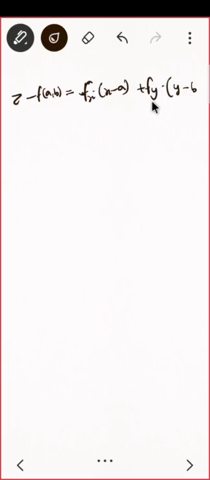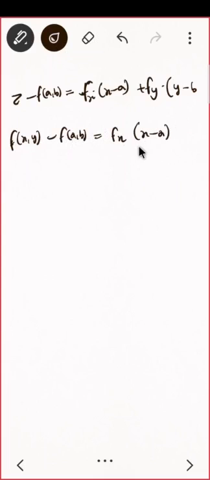Correct? So if you solve it a little bit, what is your z? Z is your function. This is f(x, y) minus f(a, b) equal to fx into x minus a plus fy into y minus b, correct?